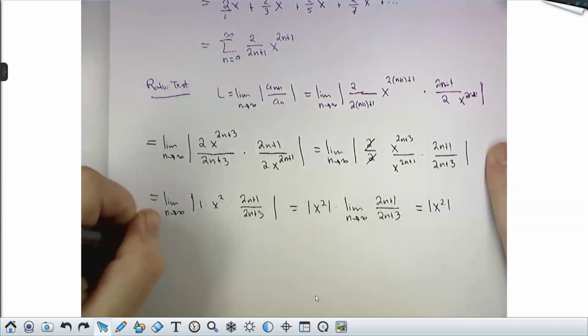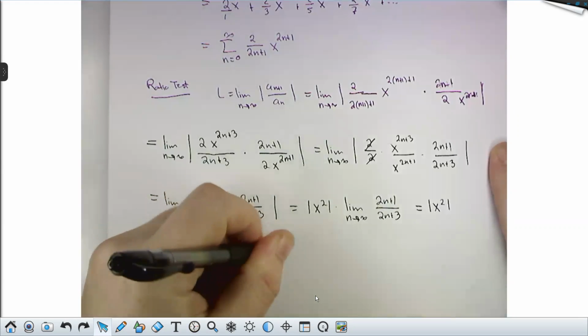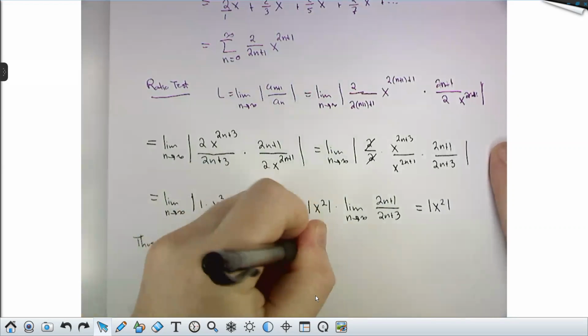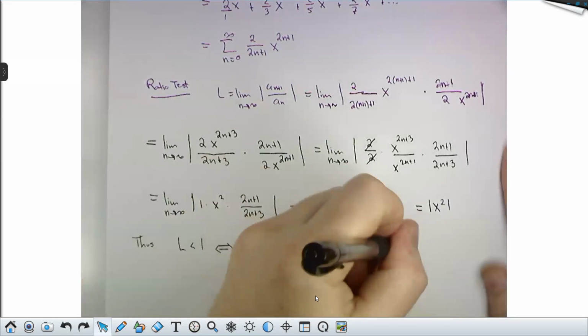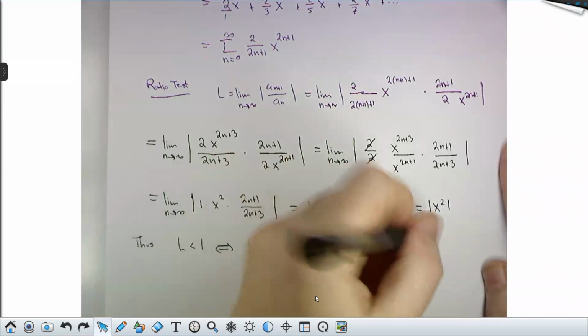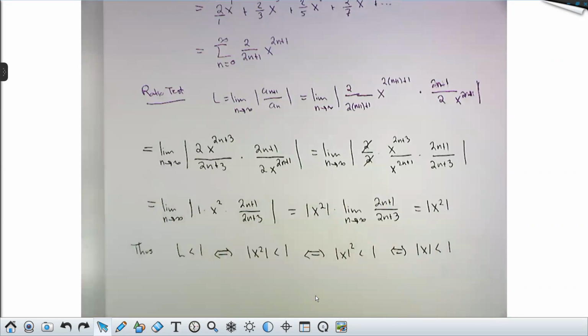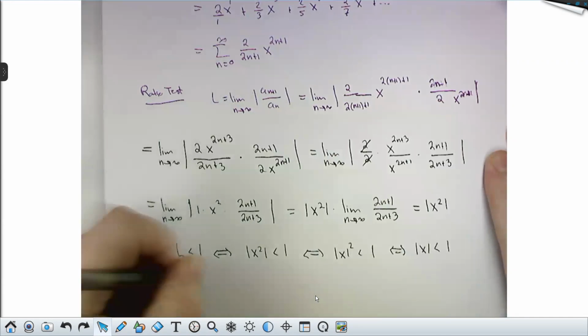Thus, L will be less than 1 if and only if the absolute value of x squared is less than 1, which is the same as saying, take square roots on both sides, the absolute value of x is less than 1, which we can then expand as -1 is less than x is less than 1.